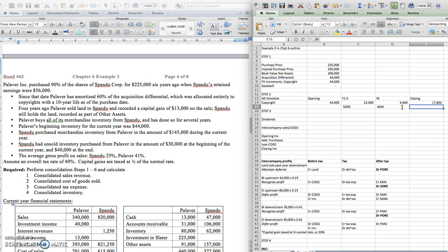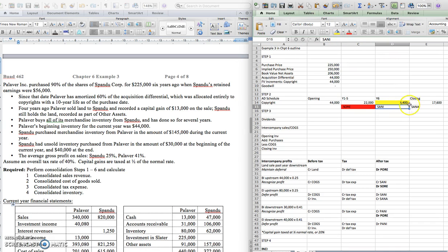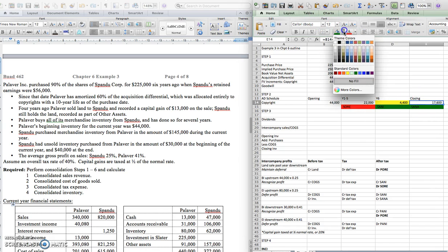Then the final is the sub's adjusted net assets. Now, to be consistent with the color coding, this one we are going to make red. This is going to be color coded yellow. These ones are both green. And lastly, our closing is blue.